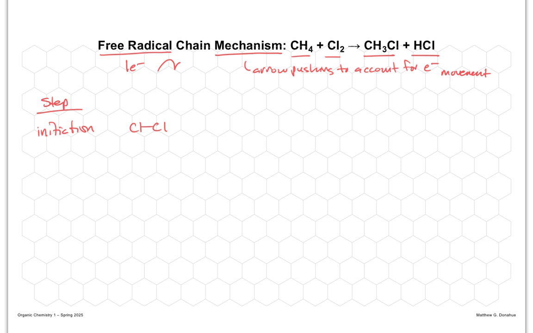I'll have another slide where I put some numbers into these, but right now I just want to show the arrow pushing. So that can be initiated with heat, which I'm going to designate as the Greek delta. Alternatively, you can use light.